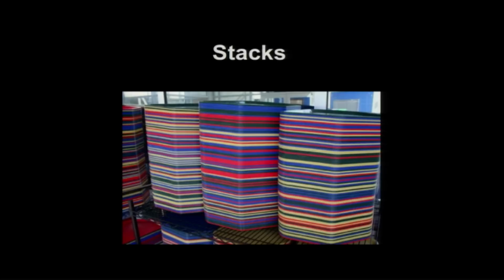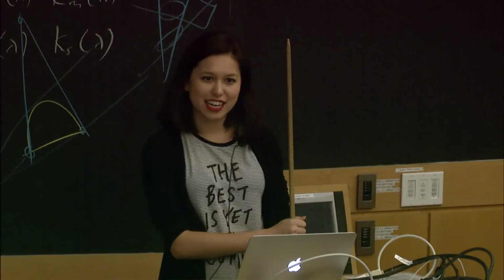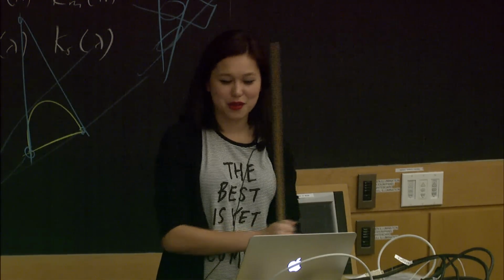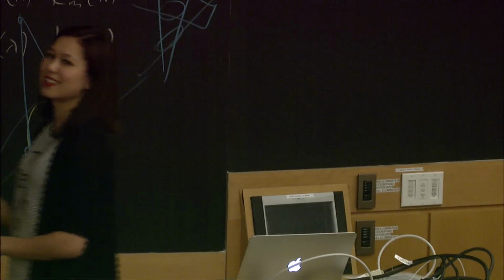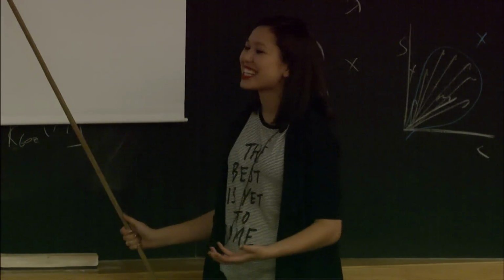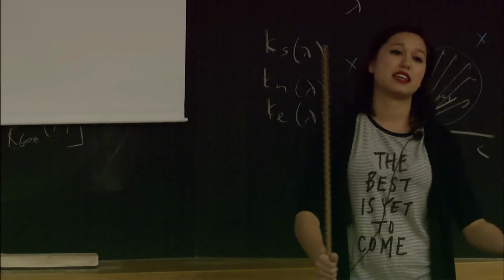Okay, so stacks. Does anyone remember any characteristics of a stack? Most of us, I think, eat in the dining halls, as much as we may not like to. You can think of a stack literally as a stack of trays, a stack of things.